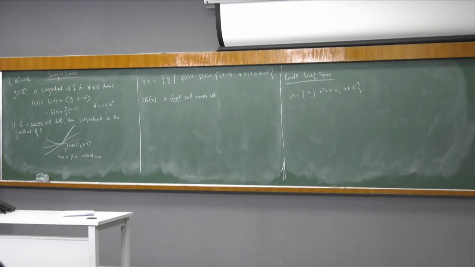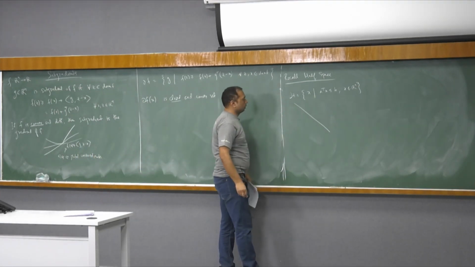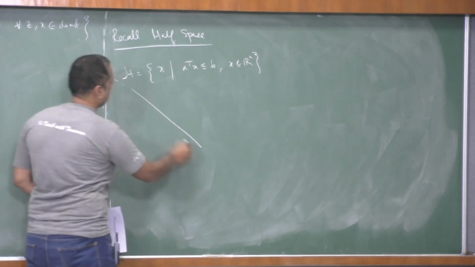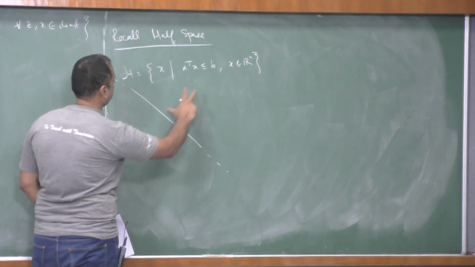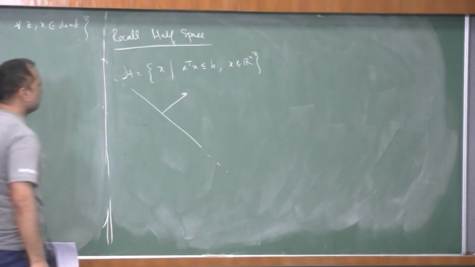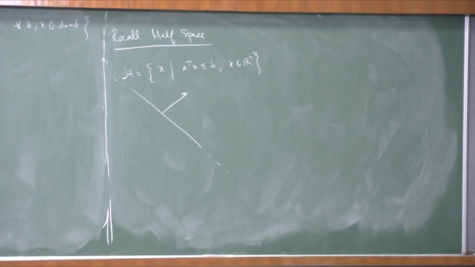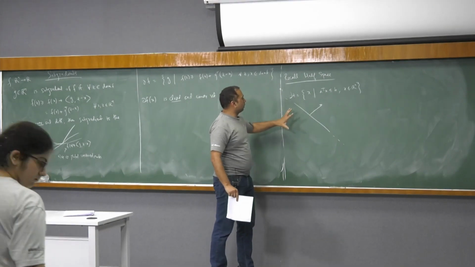Half spaces, by the name, divide the space into two parts. So this can be a half space in R2. On this half you have one part of the space, on this half you have another part, depending on where a is aligned. If a is aligned in this direction, then all the x that satisfy a transpose x less than or equal to b are on one side, and if a is this way, then you have the other half space.